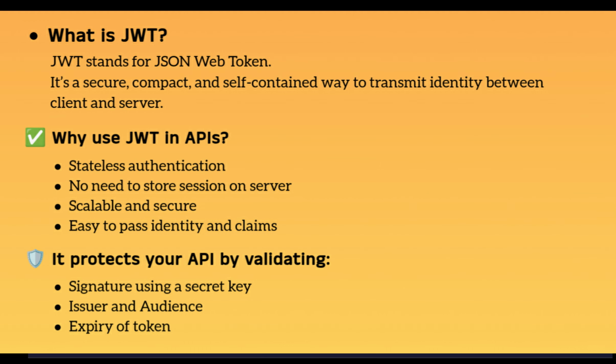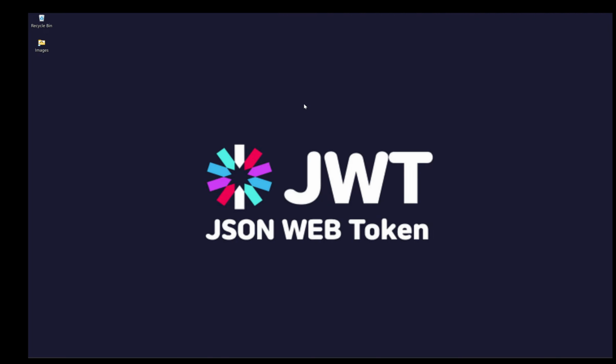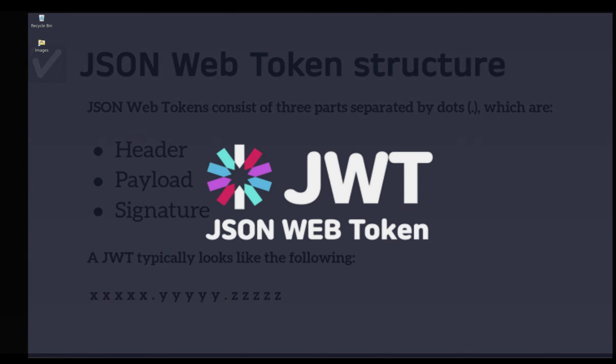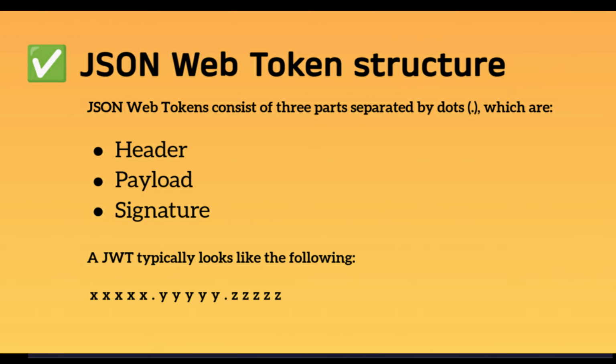Another important thing is it protects your API by validating the signature, which uses a secret key, and the issuer and the audience, and also you can set a particular expiry on this token. And if you see, a JWT token is a collection of three things: a header, payload, and signature.